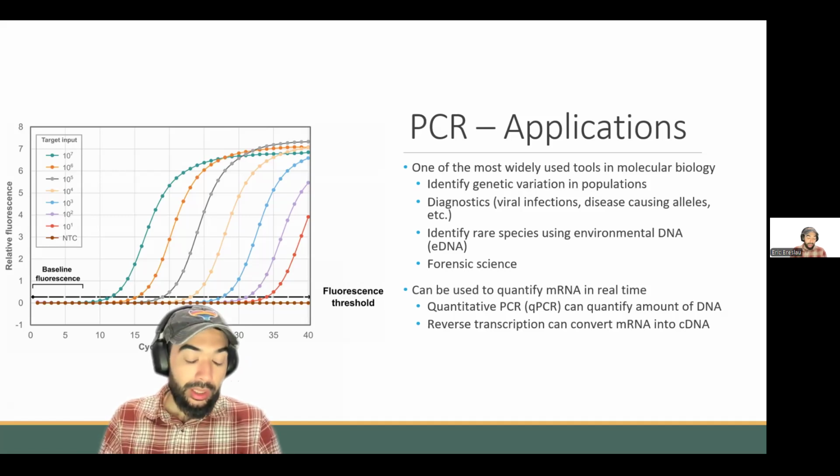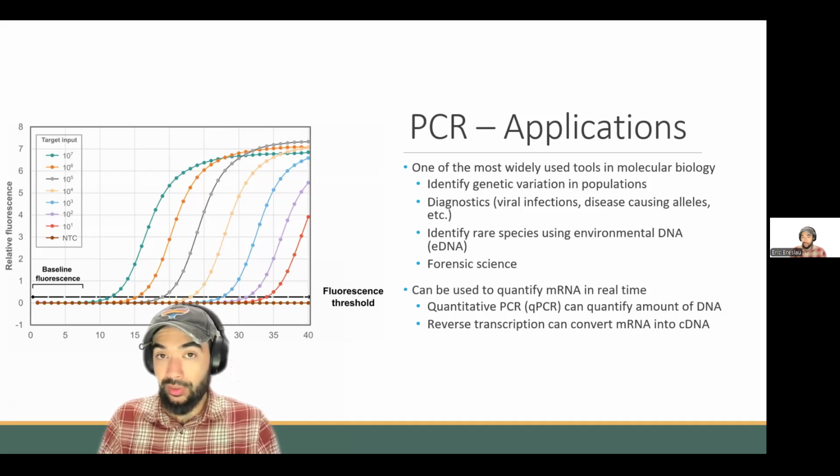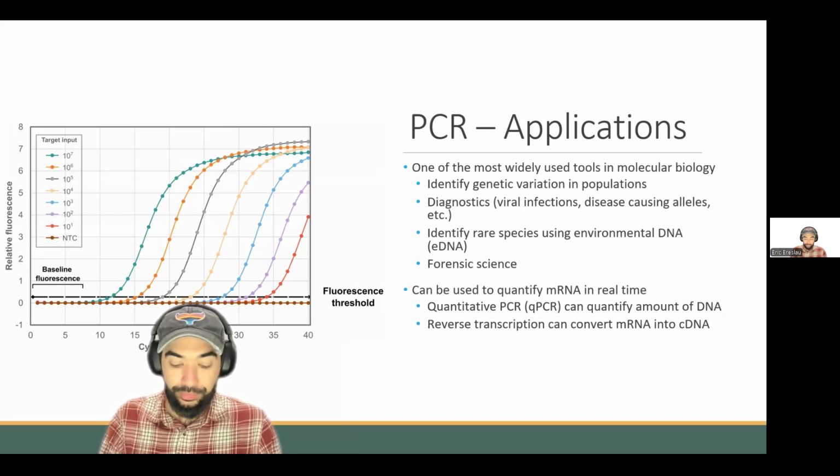So, for example, maybe I want to look at what genes are active in neurons in early development of an individual when they're in the womb or as a fetus, and compare that to what genes are active as an adult. That can tell us what genes are involved in cell differentiation for neurons. Because in early development, those neurons are still undergoing that differentiation, so they need genes associated with that. Whereas in adults, we'll only see genes that are associated with those adult neurons that are not undergoing differentiation.